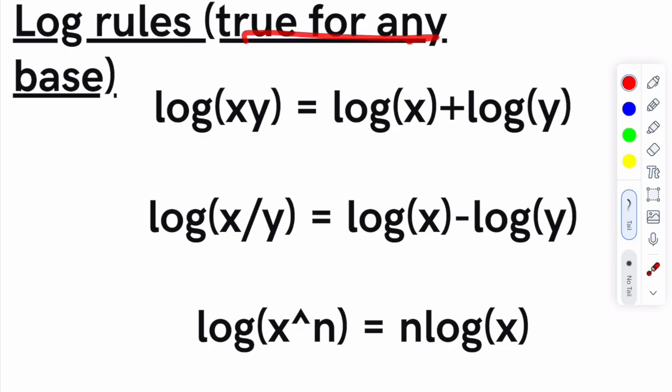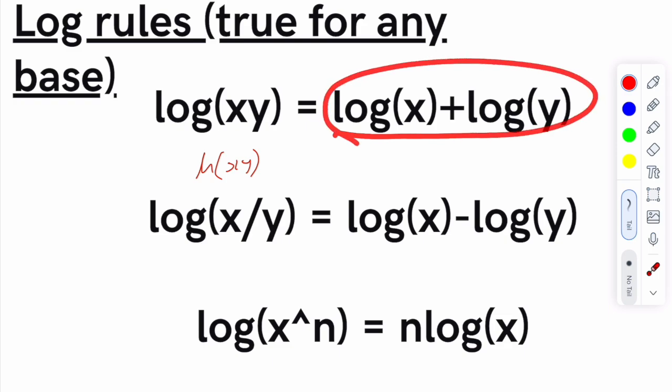This is true for any base, so we've put log here, but it could easily be ln, which is what everyone usually uses. This could be ln xy, for instance. When you've got a product in the log function, it's just going to equal the expansion of it: log x plus log y.